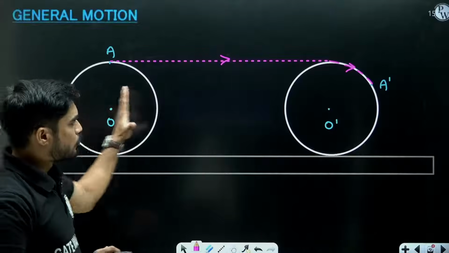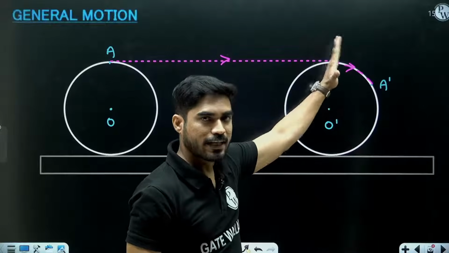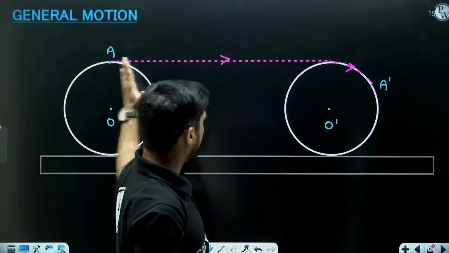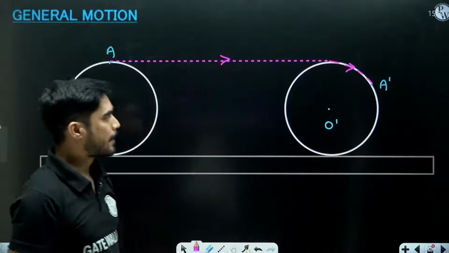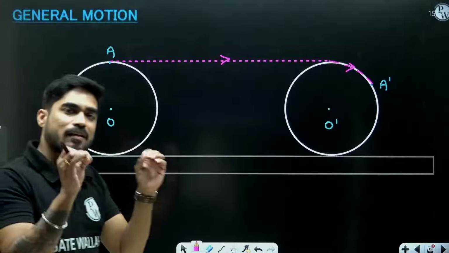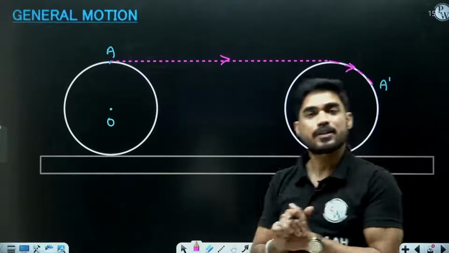So this motion is a combination of translation from here to here, then rotation. First it translated, then it rotated. So every general motion is a combination of translation and rotation.